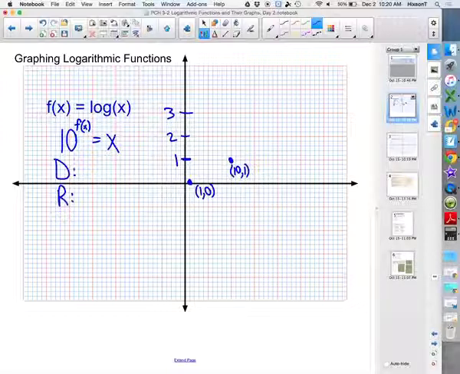Let's think about it in this form right here with 10 to the f of x power equals x. If I'm raising 10 to a power, can I get 0? Is there something I could raise 10 to get 0? No. Is there something I could raise 10 to get, say, a fraction?